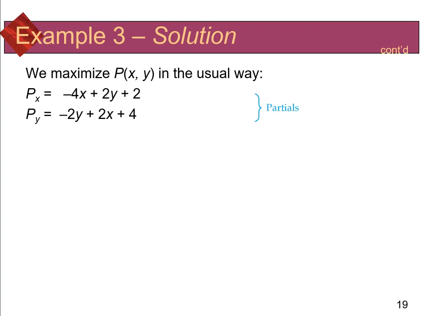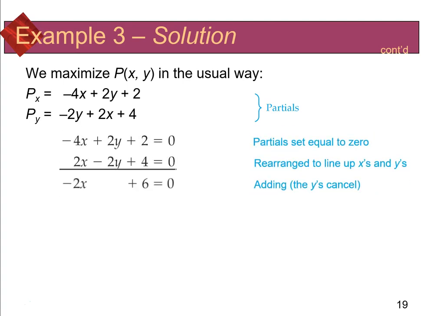And what they chose to do is, because of the fact that, rearranging this bottom one here to 2x minus 2y plus 4, if I add the equations as they are, these automatically cancel, and I'm ready to solve this equation for x. So I get negative 2x plus 6 equals 0, which means negative 2x would equal negative 6, which means x would equal 3.